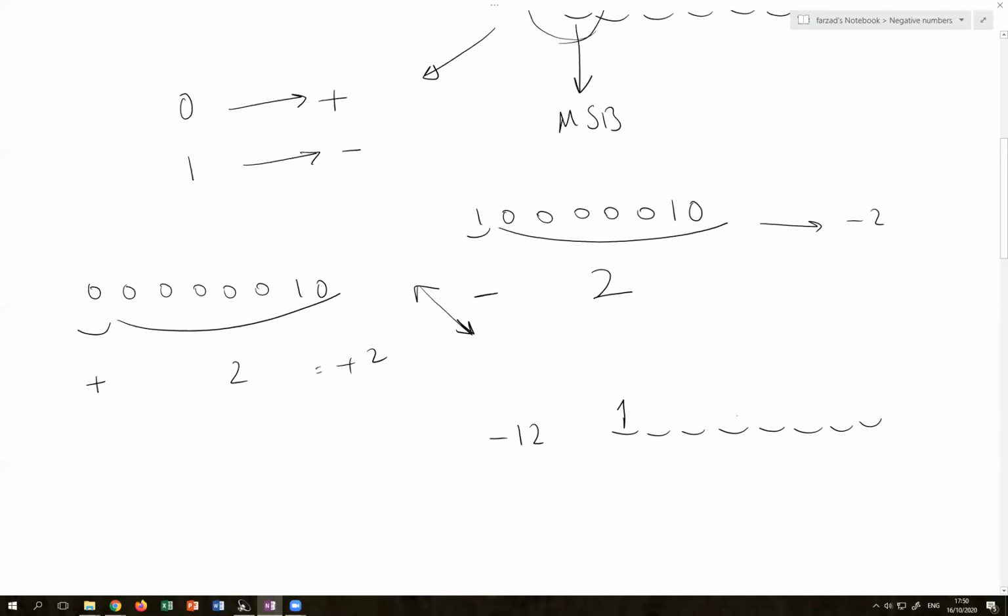For 12, I studied well last week: 1, 2, 4, 8, 16, 32, 64. So 8 and 4 is 12. For minus 12, I show the sign as 1, and the magnitude is 12. For plus 12, same thing, but instead of 1, I make it 0.